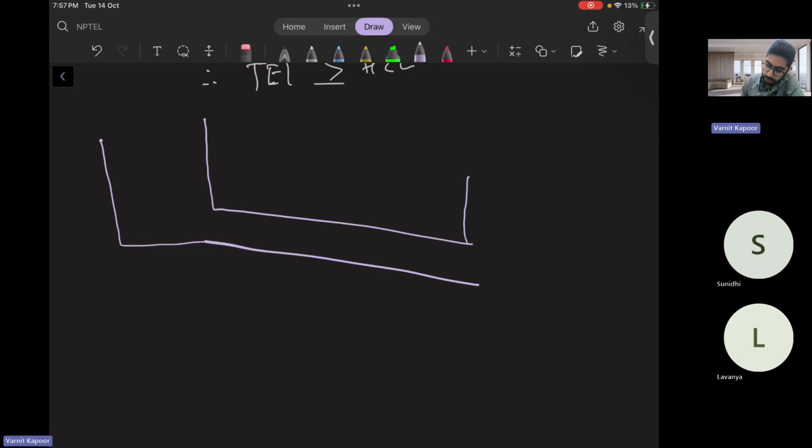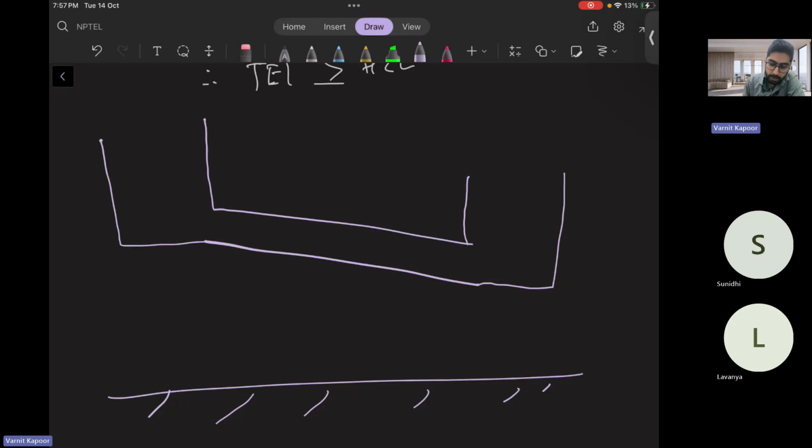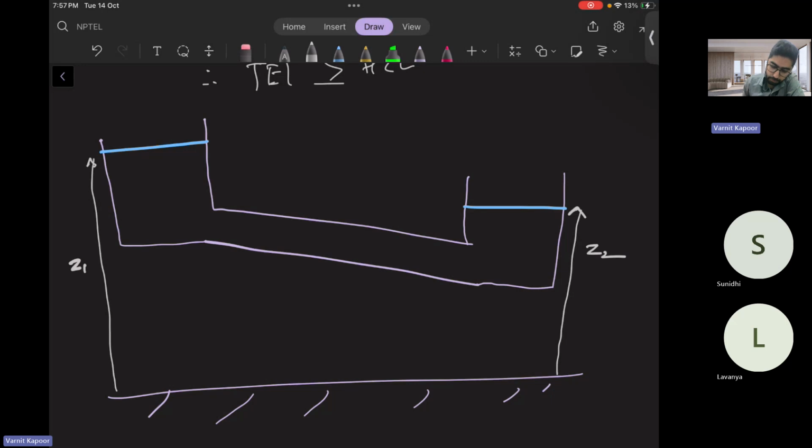There is a water level here, maintained at Z1, and this one is maintained at Z2. So from here the flow happens from position A to position B. There are some piezometers attached here while going downstream.